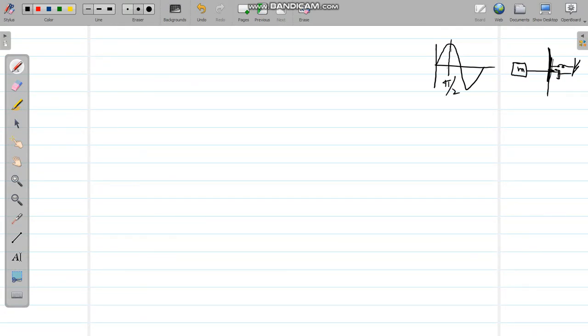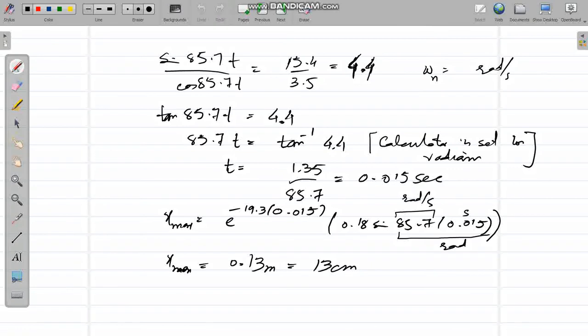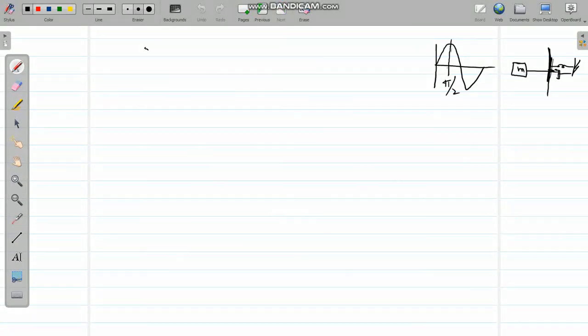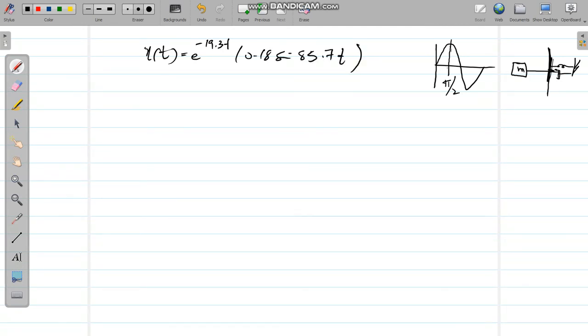The trick is, you know the solution, x of t equals e minus 19.3 t into 0.18 sine of 85.7 t, and this is theta. If your theta is pi by 2, then sine of theta is equal to 1.